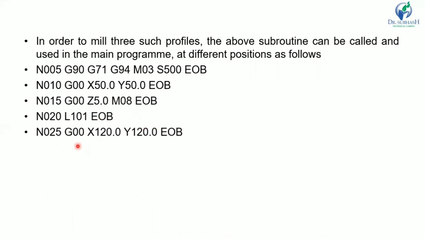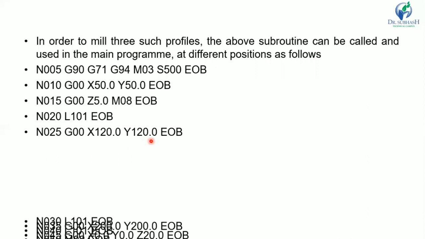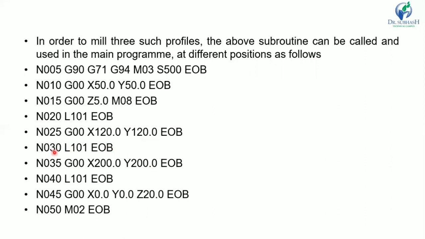Now G00 X120 Y120 moves to the starting point at the second position. Then again L101 end of block, then X200 Y200 moves to the starting point at the third position.